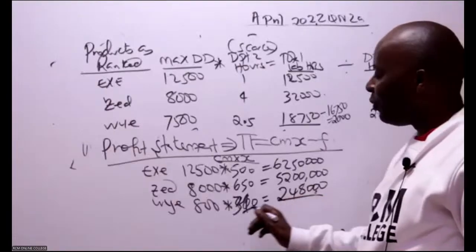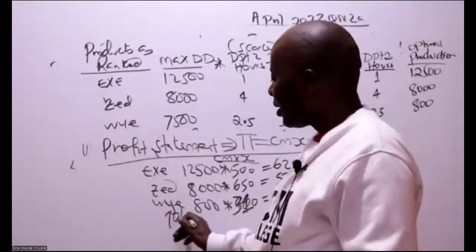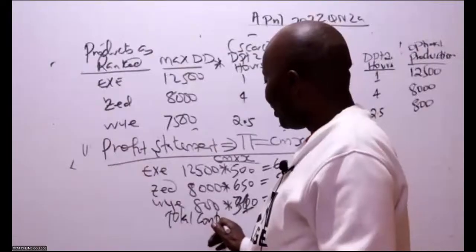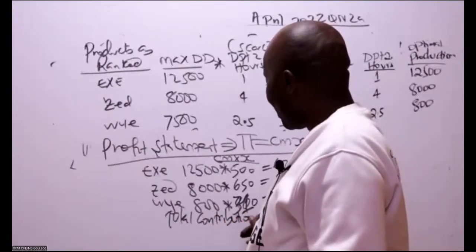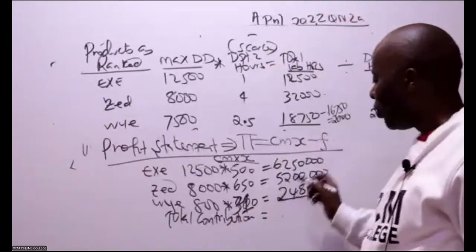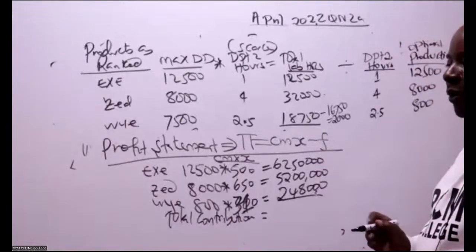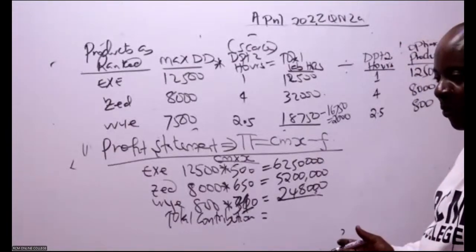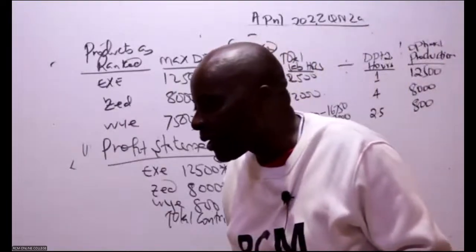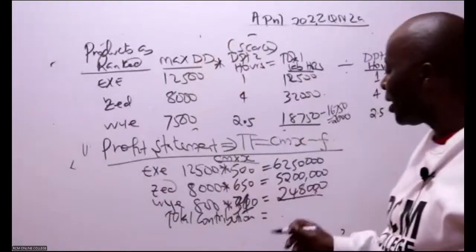So are you able to give me the total contribution? You add the 3, because all the products will be contributing to our profitability. So we have here 11,698,000.